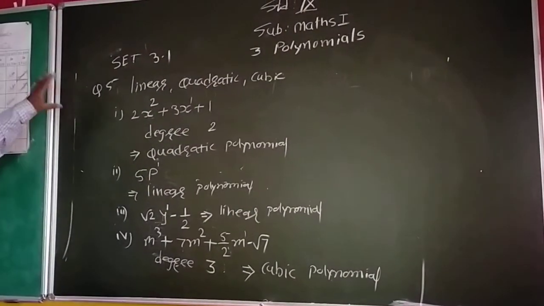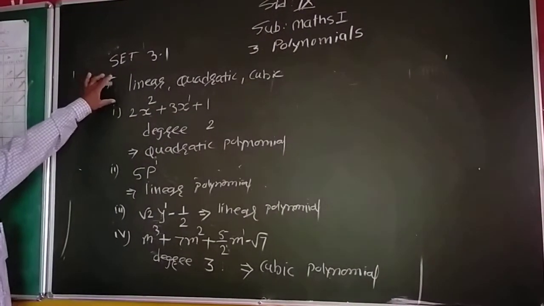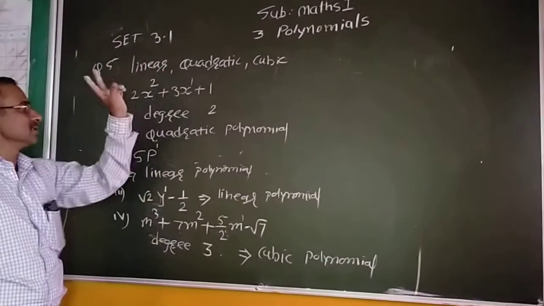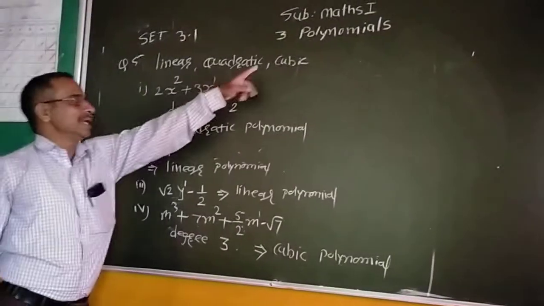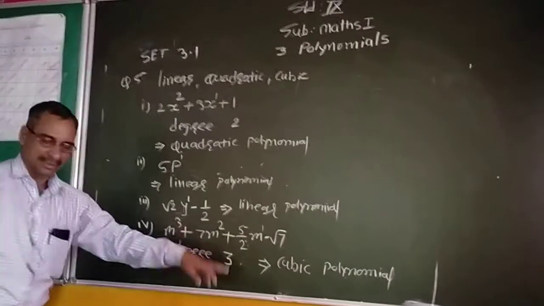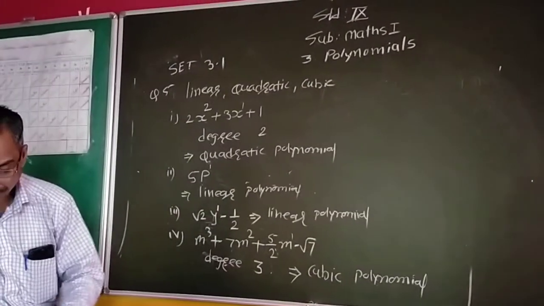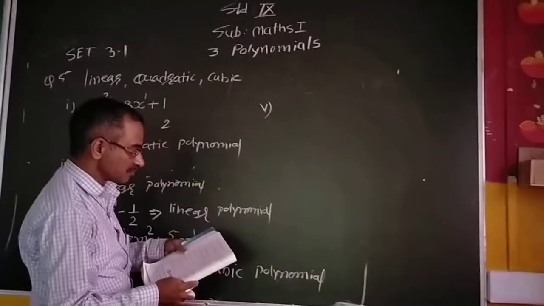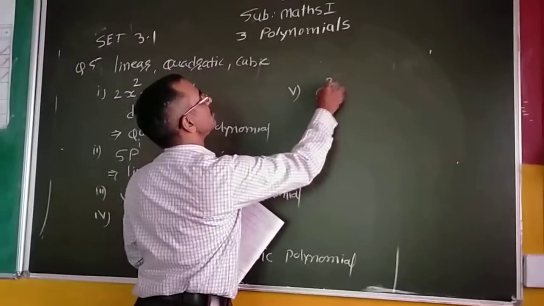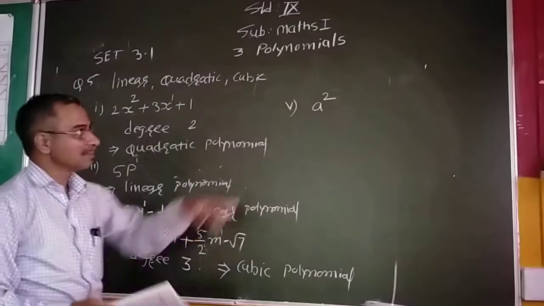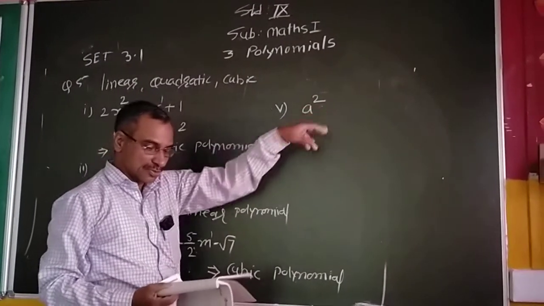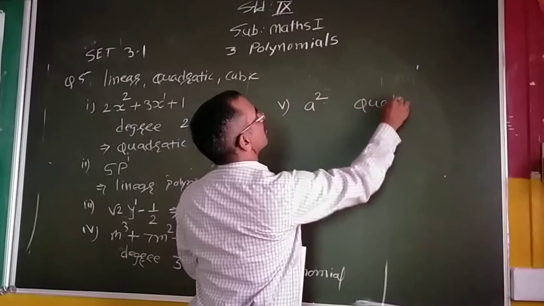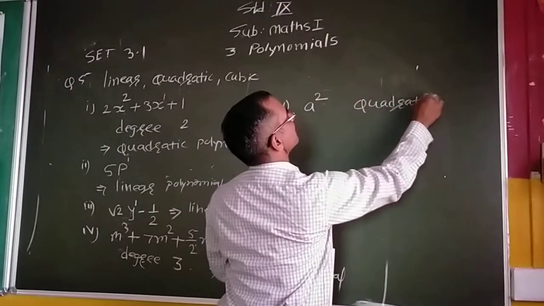Means on the basis of degree, we are classifying this polynomial. Linear has degree 1, quadratic has degree 2, and cubic has degree 3. Then fifth example, a square. Variable is a, its power is 2, so it is also a quadratic polynomial.